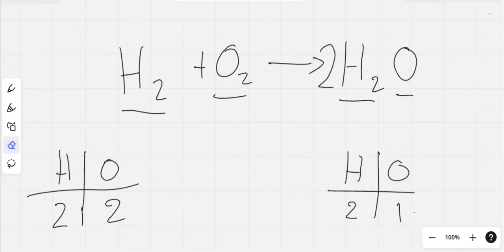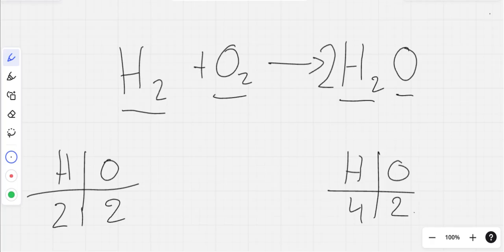So now what we get is 4 hydrogens and 2 oxygens. So now we have extra atoms on the right side instead this time.